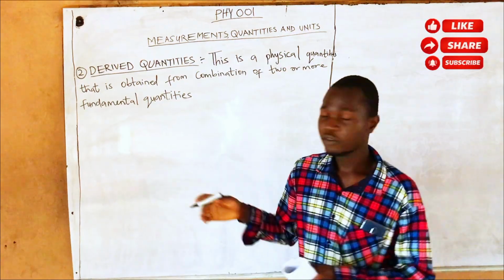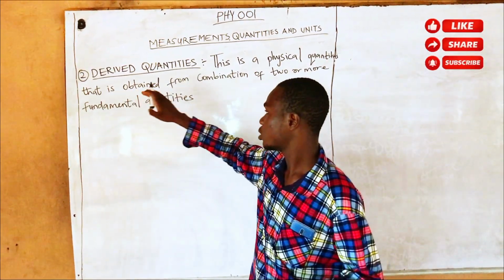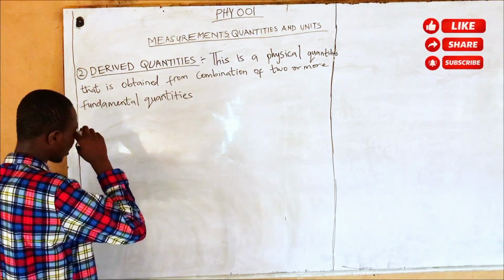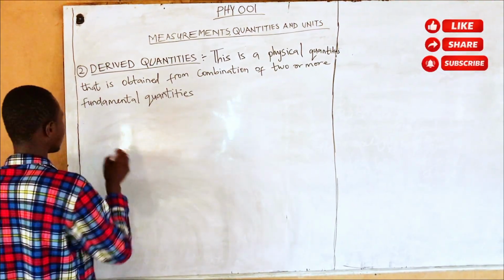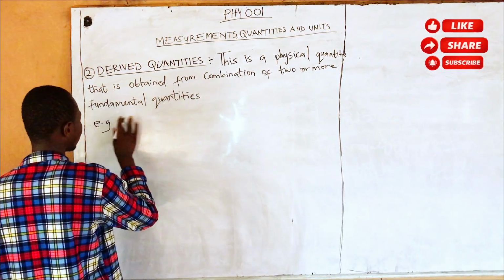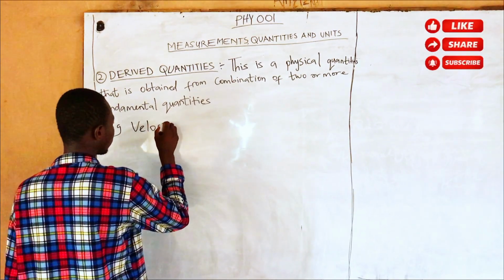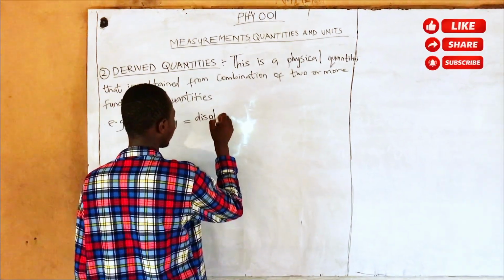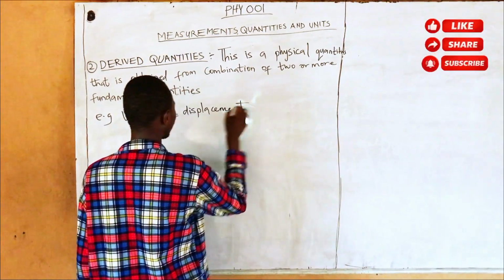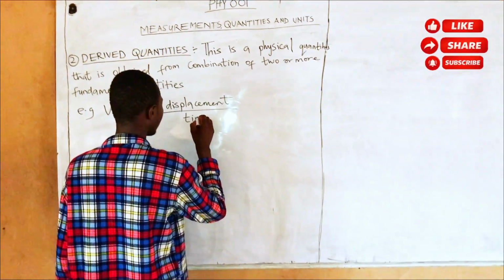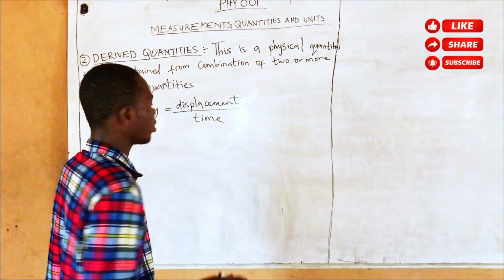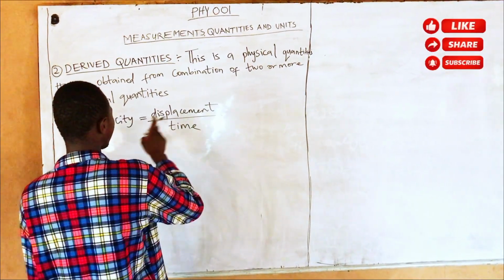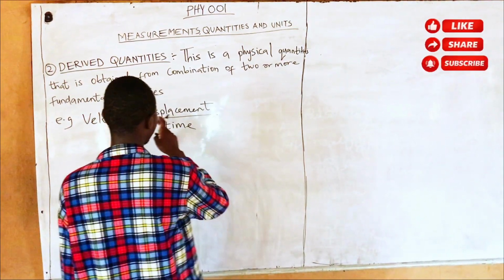So we have different examples under this derived quantity. For example, let's take velocity. What's velocity? Velocity is displacement over time.